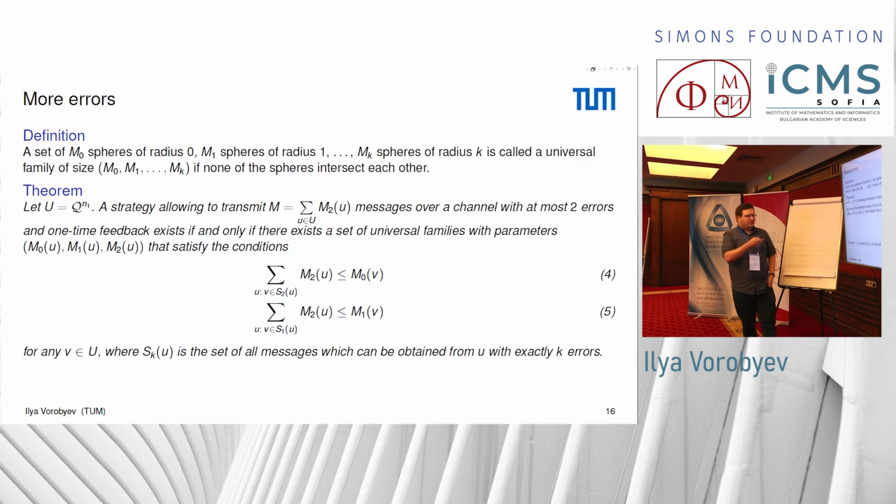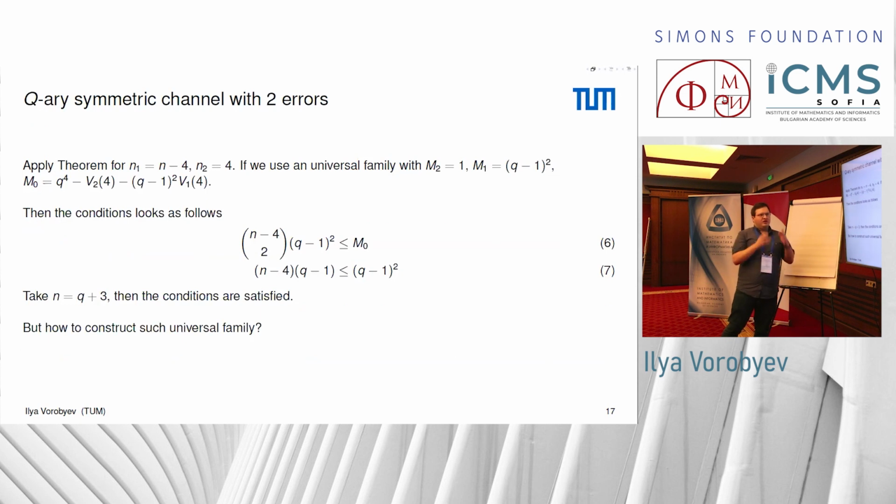But you see that when the number of errors is bigger, then it becomes more complicated. So at the beginning, I showed that we can have something similar to a Reed-Solomon code for one error, even for the case when q is not a prime power. The question is, can we have it for any number of errors? Can we have a code with size q^(n-2t) with one feedback, for the case when q is not a prime power? And for the case of two errors, we can say that yes, we can apply the theorem.